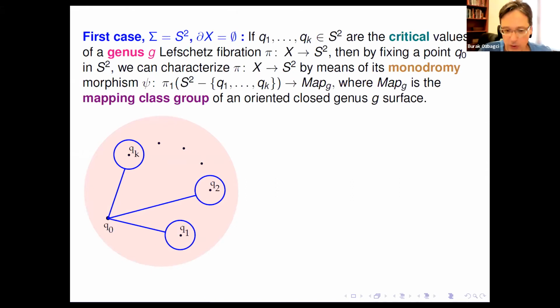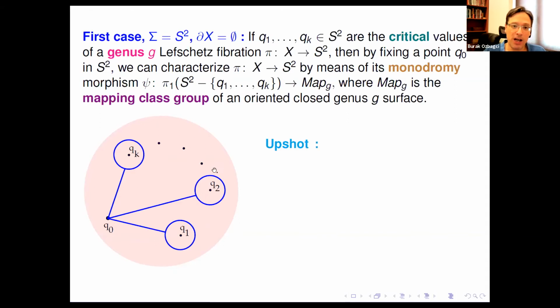So here is typically what you would see in the base. In the base space, what you're looking at is a disk, and it's actually a sphere, and there's a disk on the other side. From Q0, you make loops which go around these critical values once and come back. Each one of them in the monodromy is a right-handed Dehn twist. If you compose them Q1 up to Qk, you would get a product of positive Dehn twists, which should be isotopic to the identity, because on the other side of the disk, there's a trivial fibration.